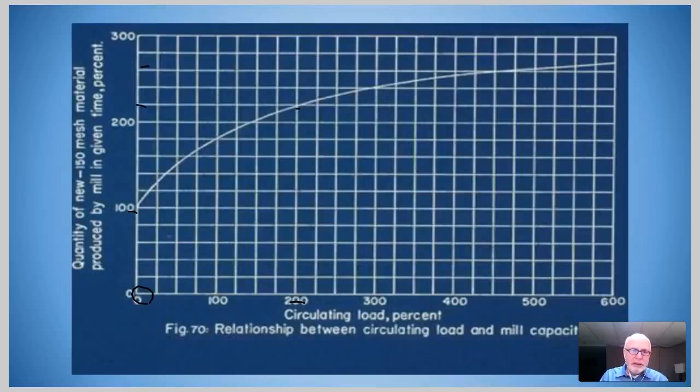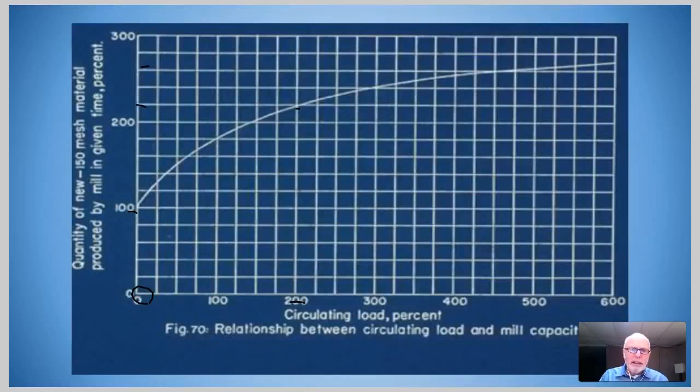You'll note that the Davis curve levels off towards the right, is starting to flatten out, but in fact continues to increase ever so slowly as you increase the circulating load even up to 700-800% and beyond. We've measured the classification system efficiency in a plant that was operating with a circulating load of near 1,000%, and it was near 90%, the highest we've ever measured.